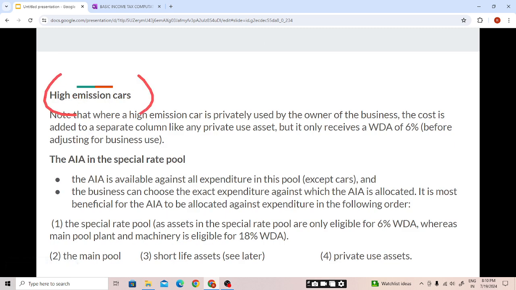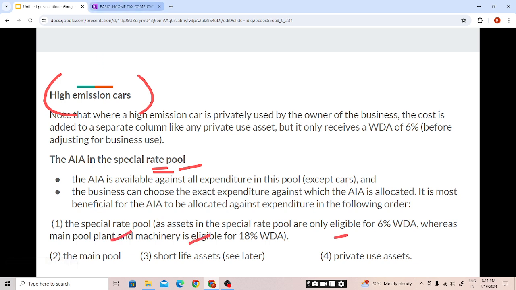High emission cars, that is CO2 emission more than 50 grams per kilometer. The AIA for the special rate pool is provided at first priority because the WDA is 6% and we would only be able to claim lower capital allowances. So the order of the AIA to be claimed is special rate pool, then main pool, short life asset and private use asset.